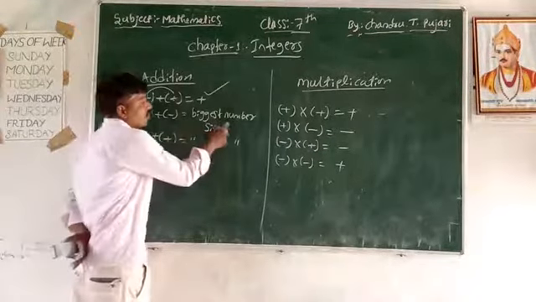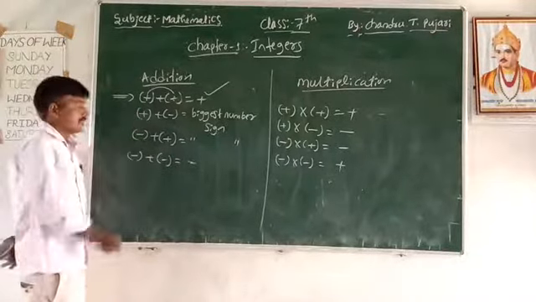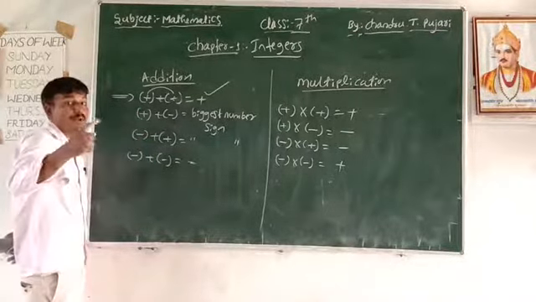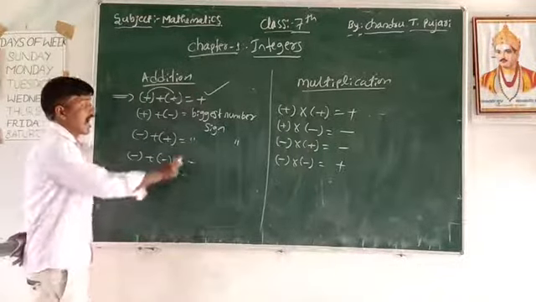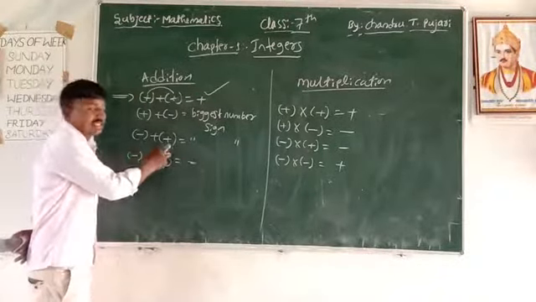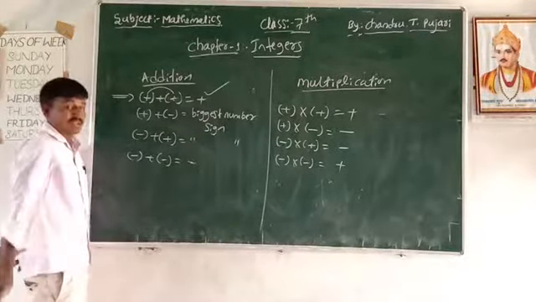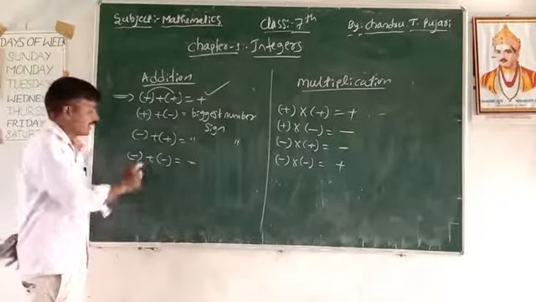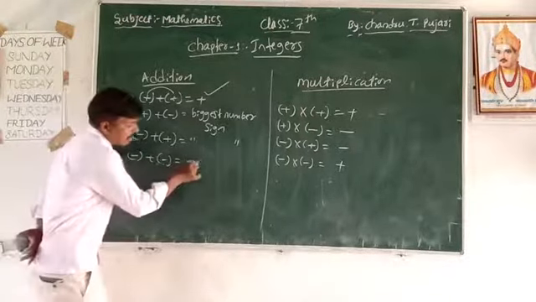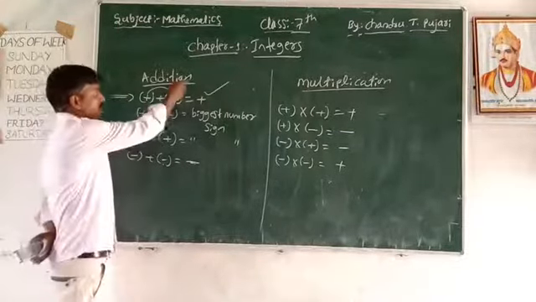You can add opposite integers or different integers, the answer has the sign of the bigger integer. The last one is you can add negative integers. The answer is also negative. This is addition.